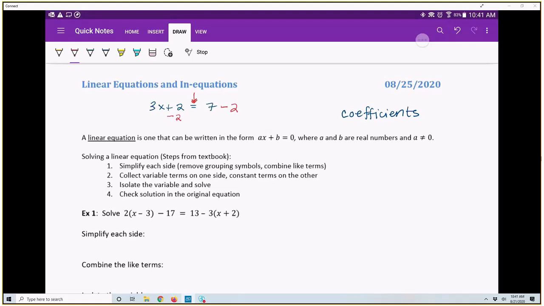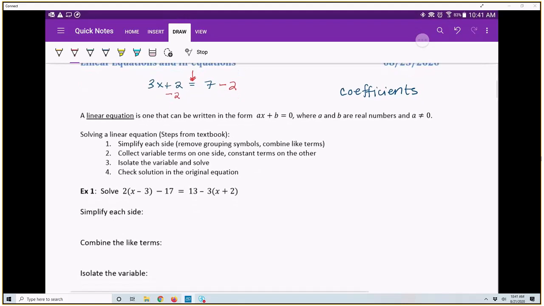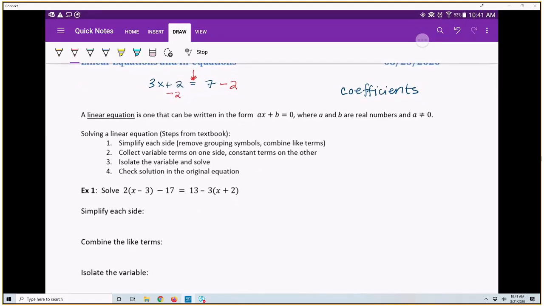So that's like what I was doing above by subtracting 2. I want to keep anything with an x involved, or y, or whatever your variable is, on one side. Everything that's just some number, move it to the other side, and combine like terms. Then finally, isolate the variable and solve the equation.